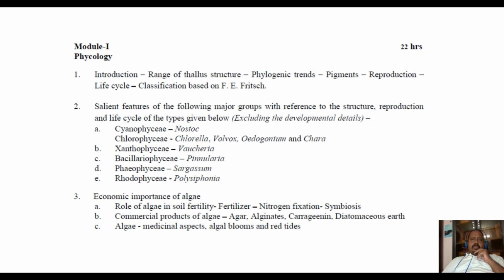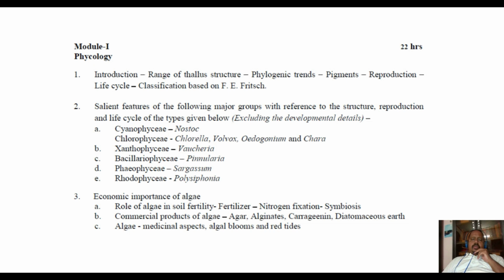Then we will see the reproduction. It is one of the first life forms where sexual reproduction is seen. So we can see the development of sexuality in plants beginning in the lower algae, where the unicellular algae form male and female gametes.